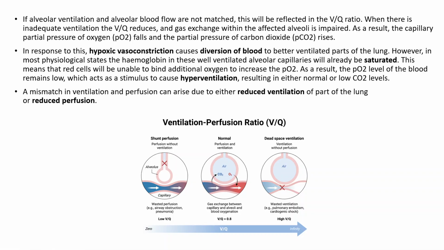So in this case, perfusion is low and ventilation is normal or high, in which case your V by Q ratio is high. Okay, so anything that is deviating too much from your normal 0.8 is most likely some sort of condition which needs some sort of intervention.